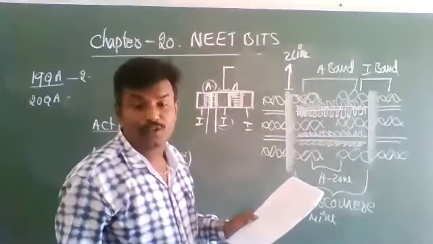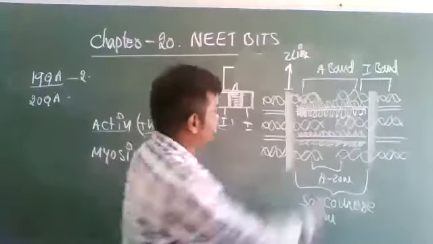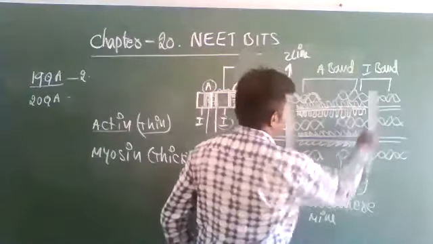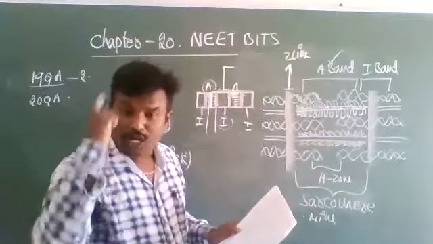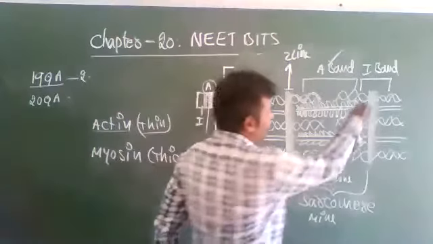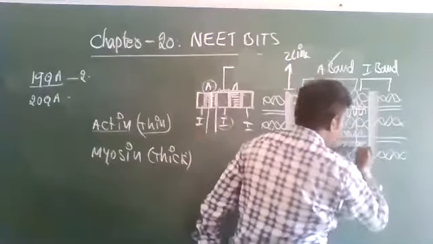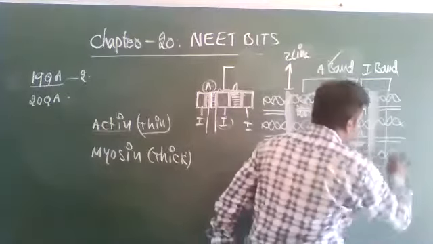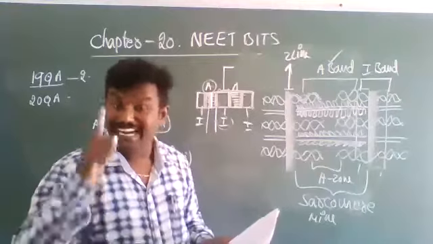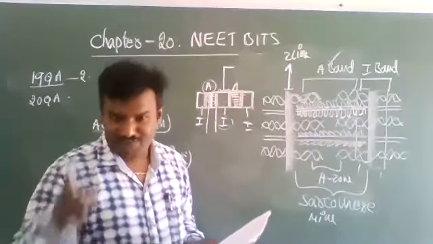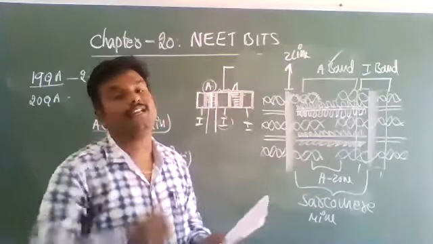Go to the fourth option: 1 A band. This is completely called the A band. 1 A band and 2 half I bands, this side 1, this side 1. If you observe the textbook clearly, then you will understand.